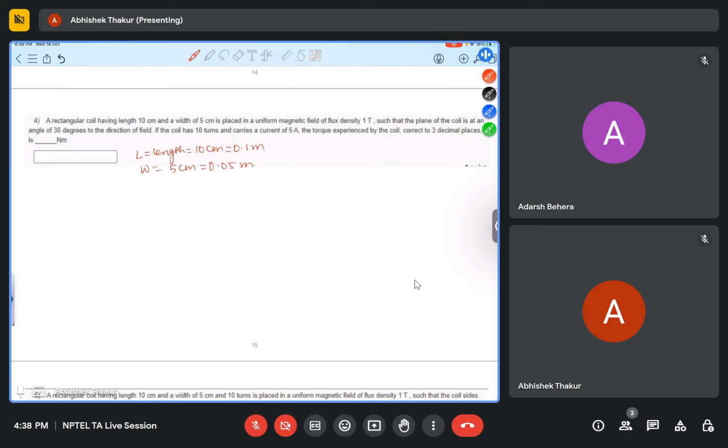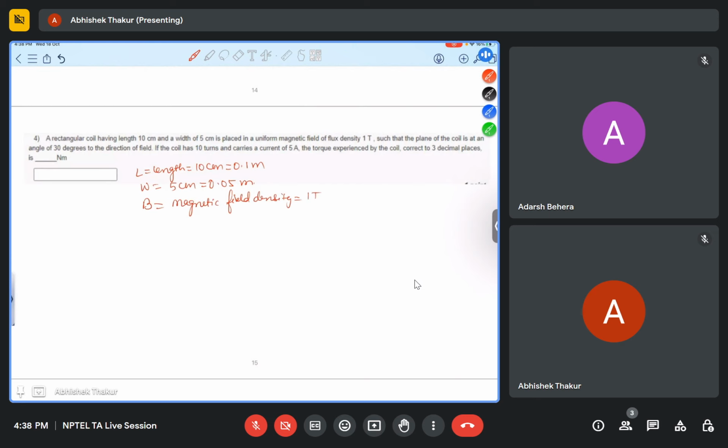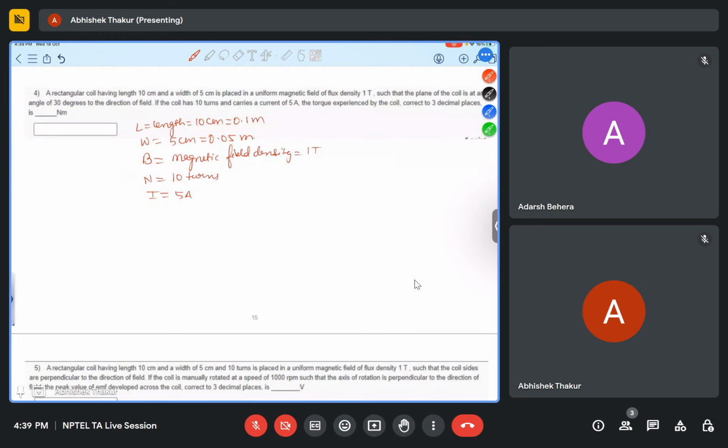Placed in a uniform magnetic field of flux density 1 Tesla. So B is the magnetic flux density, equal to 1 Tesla. The plane of the coil is at an angle of 30 degrees to the direction of the field. The coil has 10 turns, N is equal to 10 turns, and carries a current of 5 ampere. It is asking for the torque experienced by the coil, and we have to write the answer up to 3 decimal places in Newton meter.